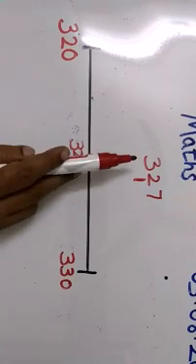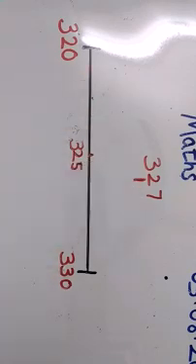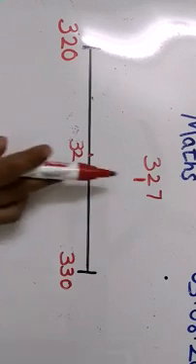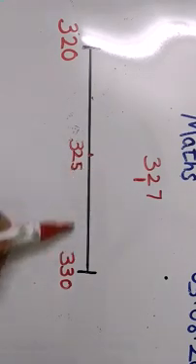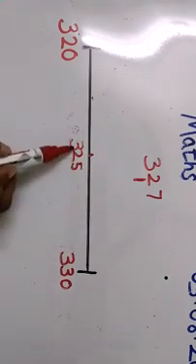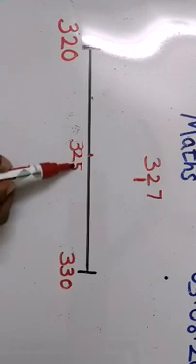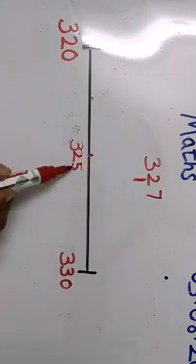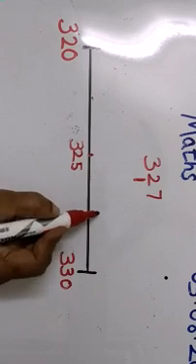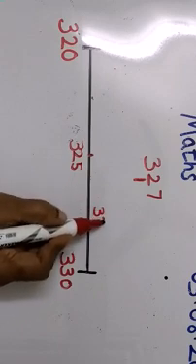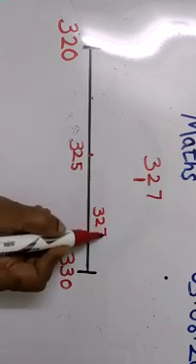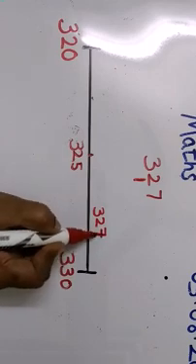Now I need to plot this number 327 on the number line. Where would I plot 327? It has to be somewhere after this 325, because 327 comes after 325. All of us know this. So 327 would come somewhere here.